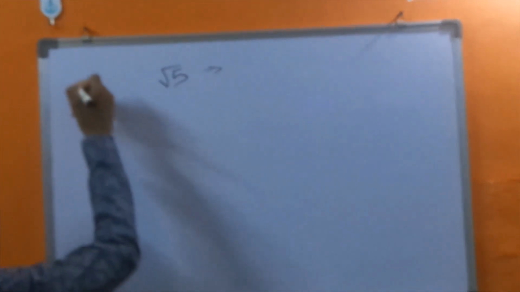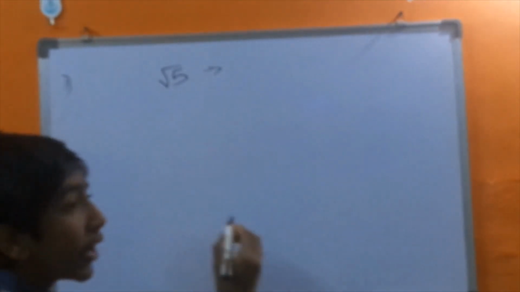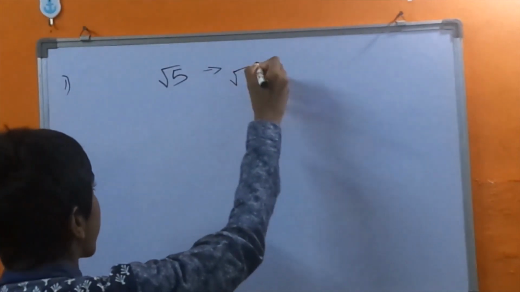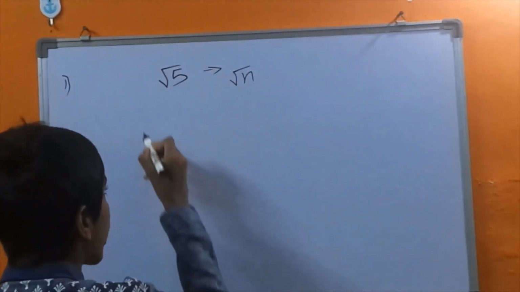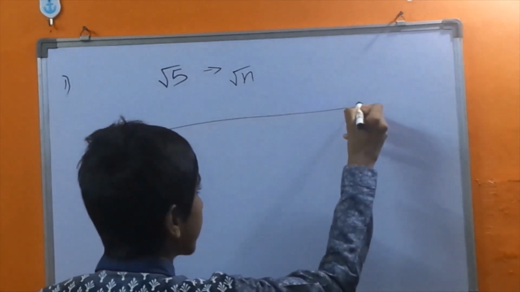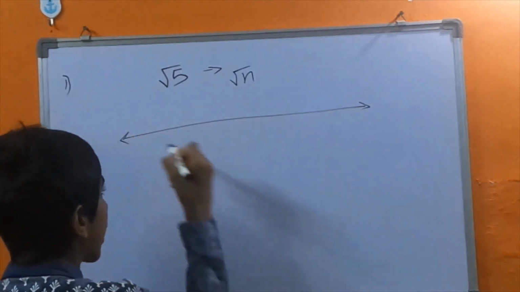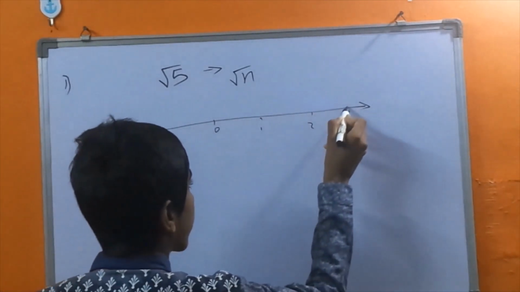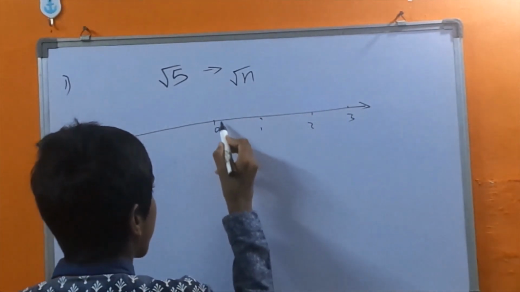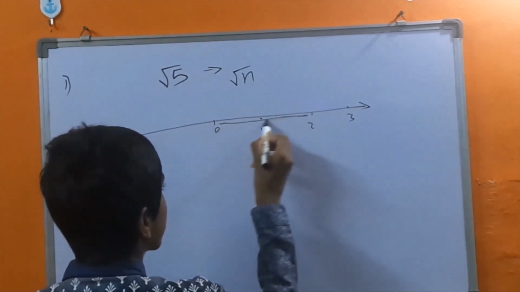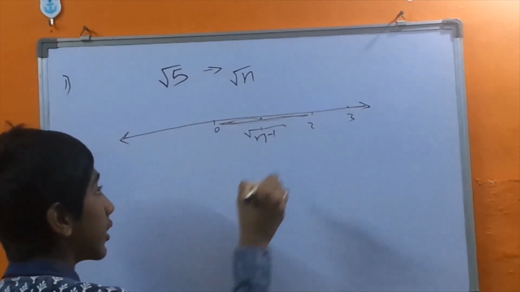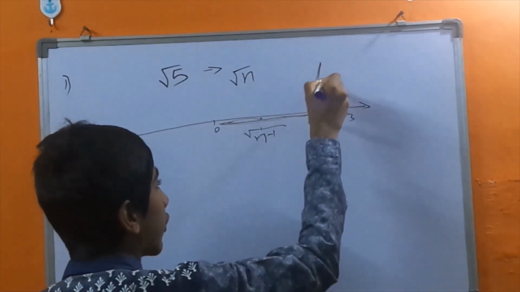And I have already told how to do. If you want to represent any irrational number, root n, on a number line, first you should draw the number line and mark the distance of root of n minus 1, and draw a perpendicular of 1 centimeter.